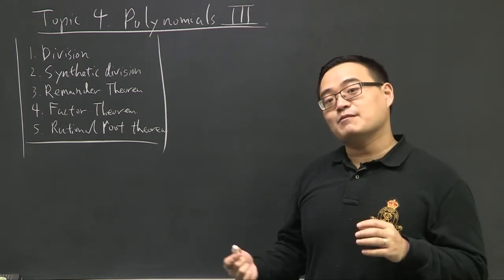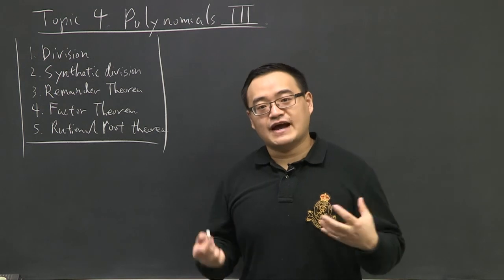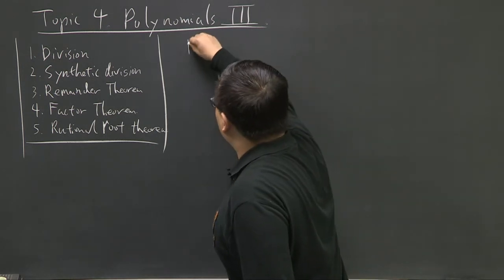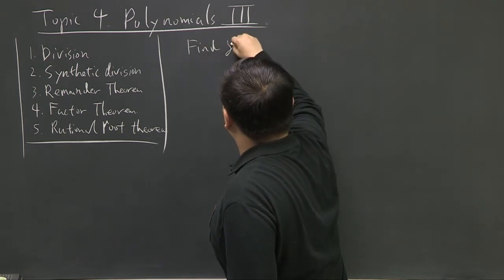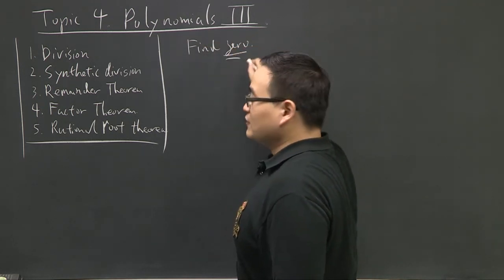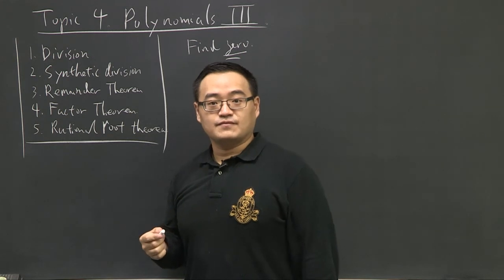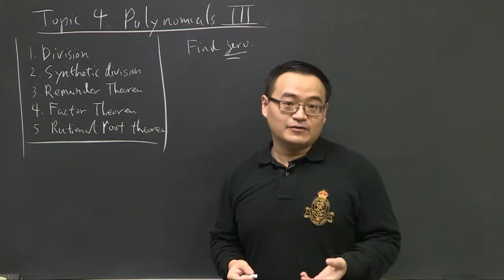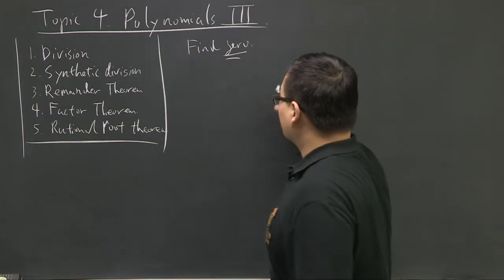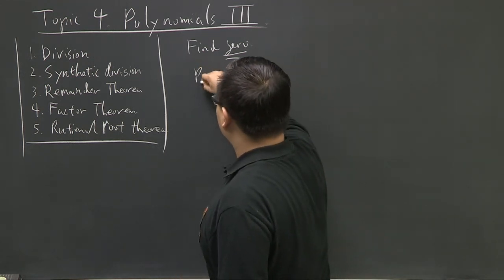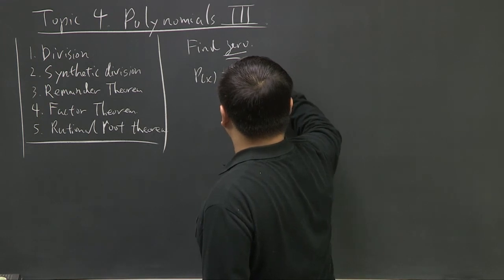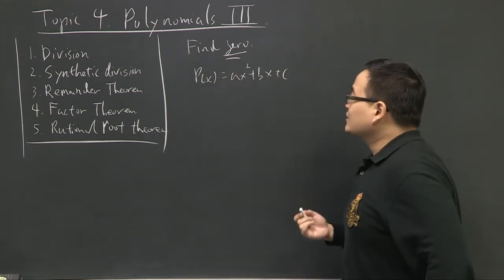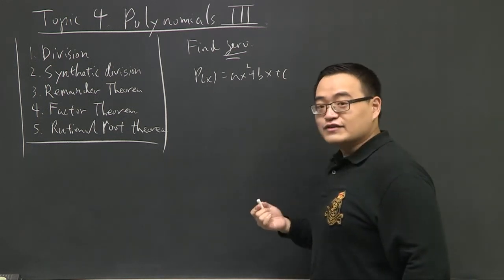Because keep in mind, what is the goal of solving polynomials? The goal is always to find zeros, right? We want to find out what the zeros of a polynomial are. For the second degree polynomial, for instance, if I have p of x equal to ax squared plus bx plus c, I have different ways of solving this. I can factor.